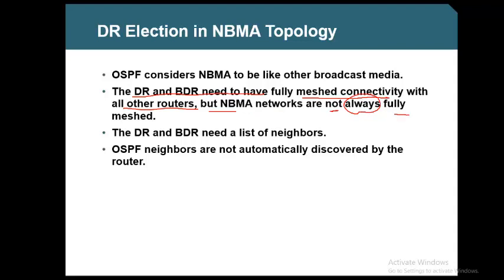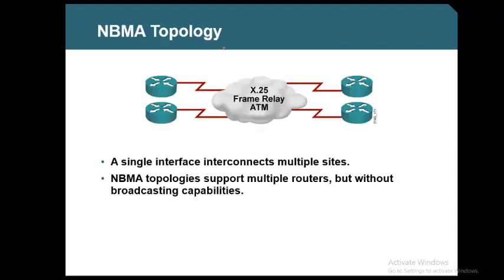NBMA means what? Frame relay. You have a frame relay connection to this office, and this office. You already have communication between all your spokes, all your branch offices. All these four sites are already communicating.